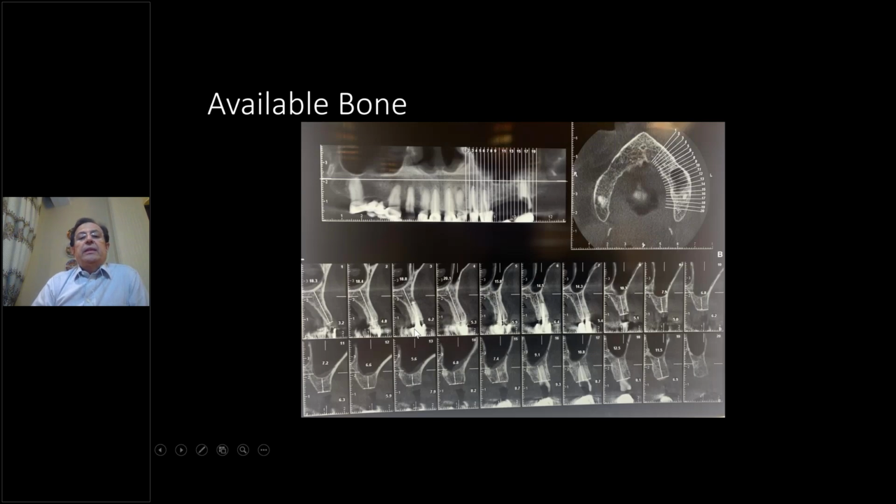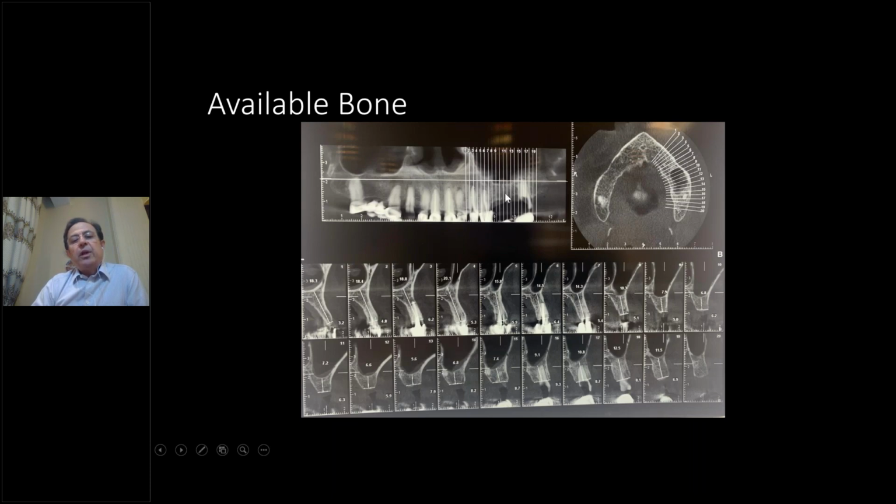Which factors are effective in choosing one of these approaches? The first and most important one is available bone.